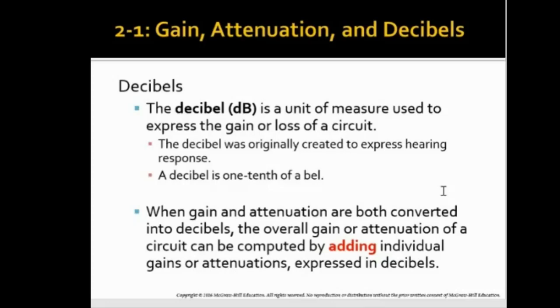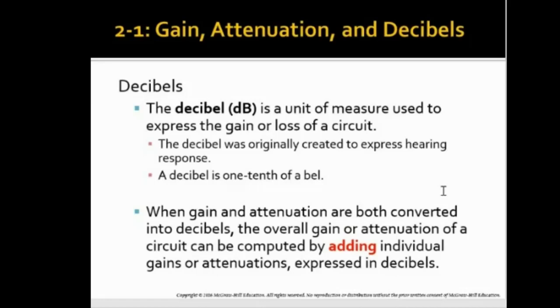Originally, the decibel was created to express hearing response, and it is 1/10 of a bel. Bell is Alexander Graham Bell, the inventor of the telephone.